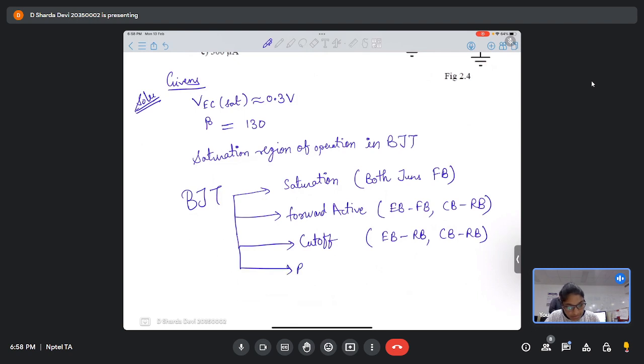And when it is reverse active, the emitter base will be reverse biased and the collector base will be forward biased. This is something we need to keep in mind. Most of the time we work in forward active, but when it is particularly mentioned that it's in saturation, we need to know the condition for saturation. Is this clear? Yes, ma'am.